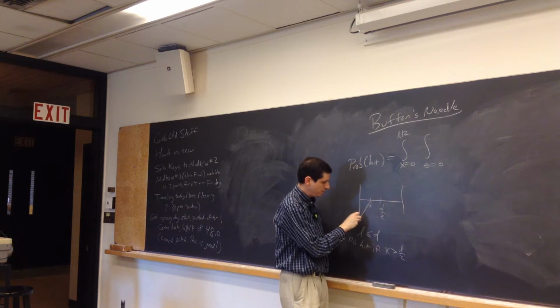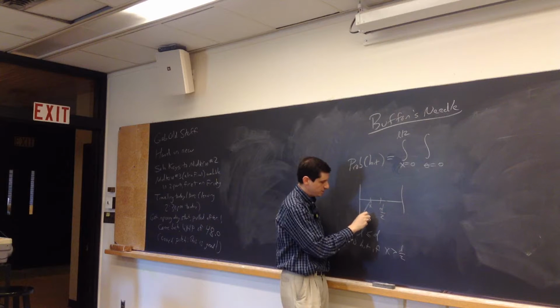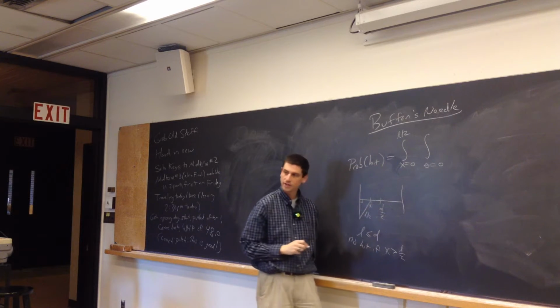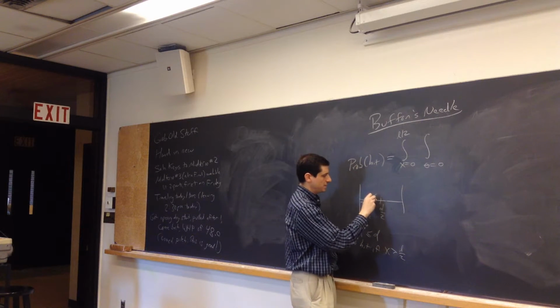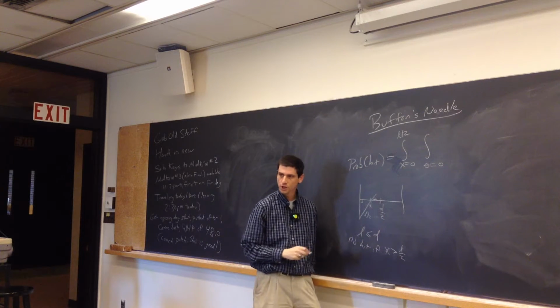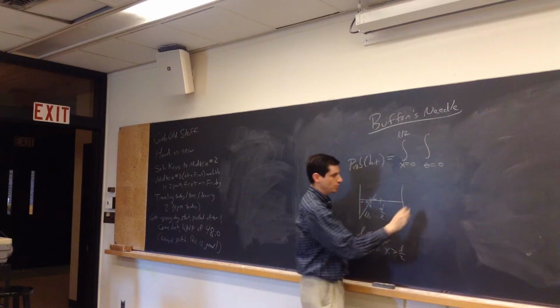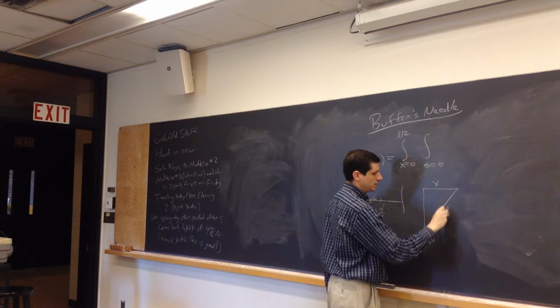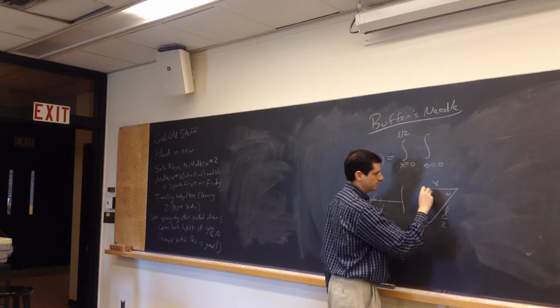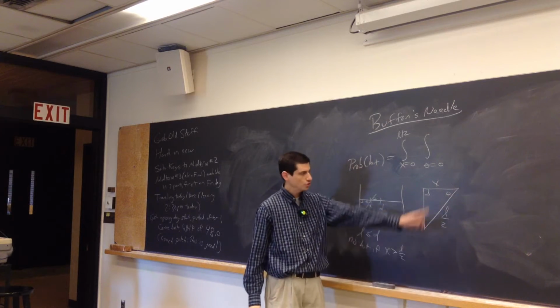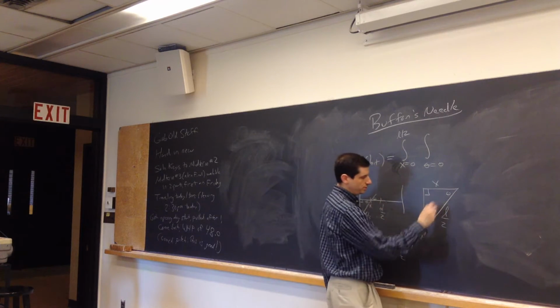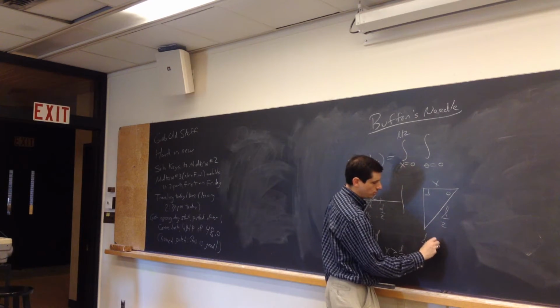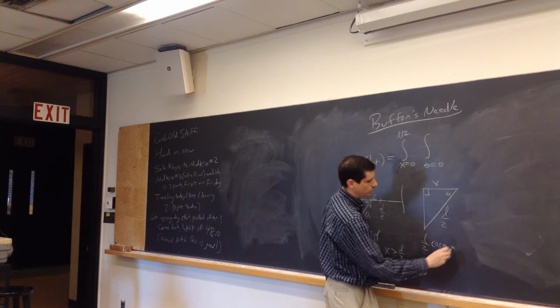Well, for it to just barely hit, this coming down here has to be L over 2. This has to be a right angle. And then this will be our angle theta over here, which by symmetry is the same as this one over here. So I'll draw the picture a little bit larger. Here's x. Here's L over 2. Here's theta. So if we're going to get a hit, we need L over 2 cosine of theta equals x.